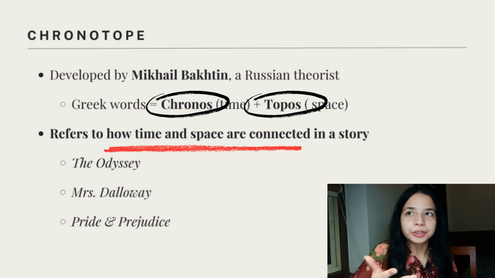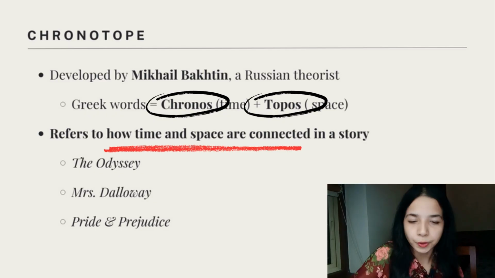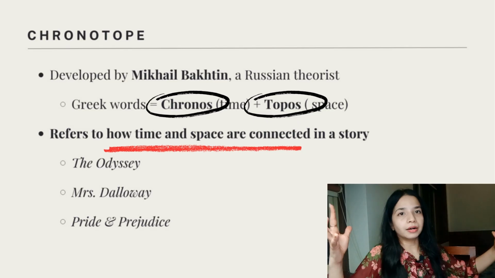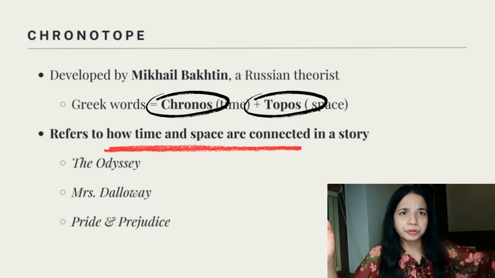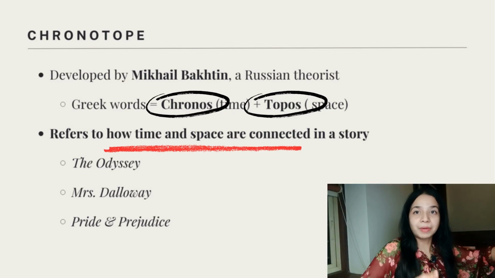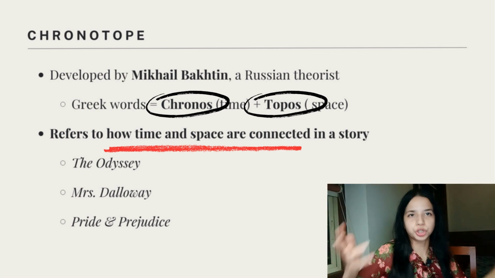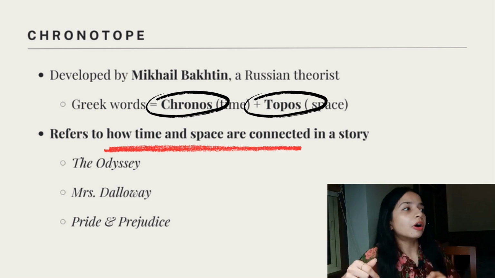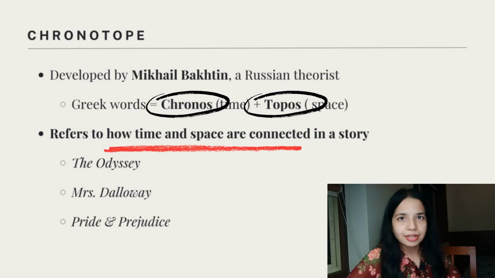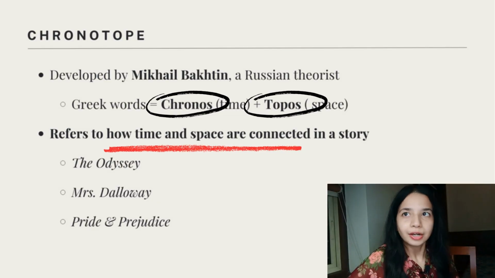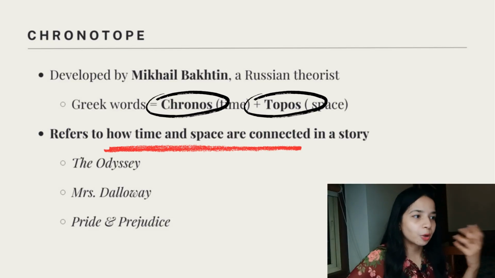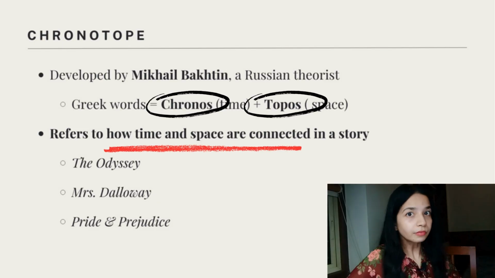For example, when you talk about an epic like the Odyssey, time is stretched, right? It happens over a very long period of time. The space is vast because it's an epic, because it talks about a heroic journey. However, if you talk about Virginia Woolf's Mrs. Dalloway, time is very non-linear. It's back and forth, talking about the fleeting nature of thoughts in Mrs. Dalloway's mind, right?